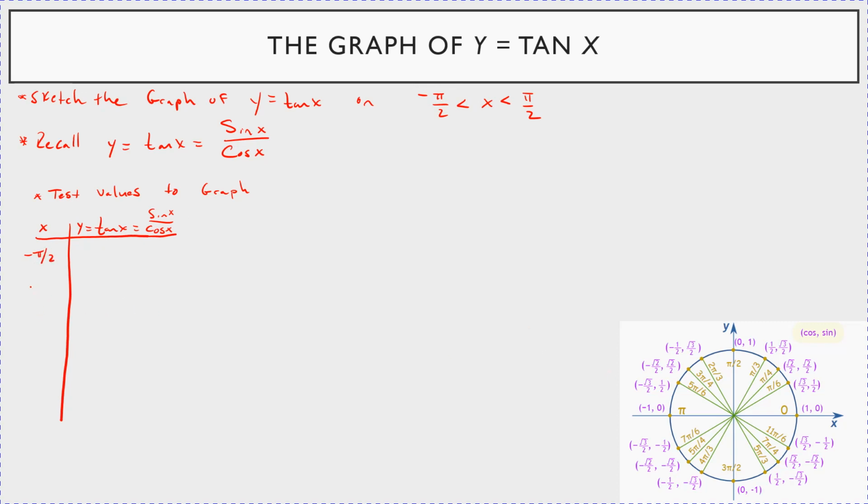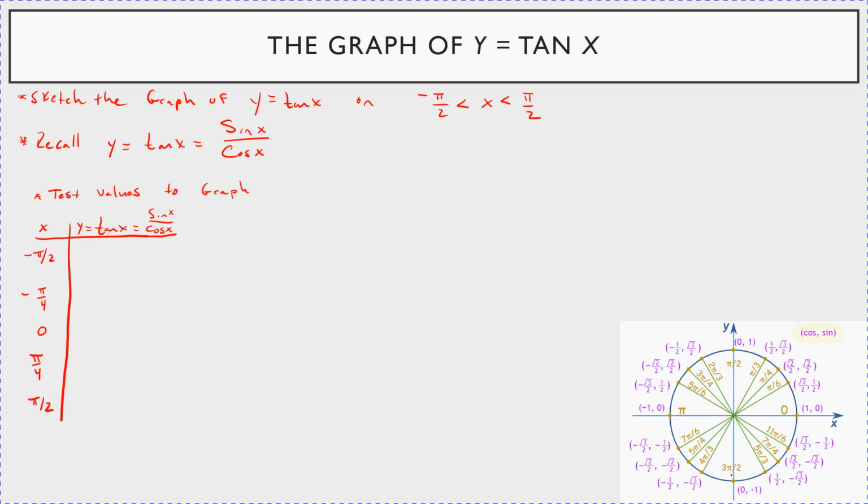Then I'll pick a point between negative pi over 2 and pi over 2, so negative pi over 4. I'll pick 0, then pi over 4, and then pi over 2. Watch what happens here.